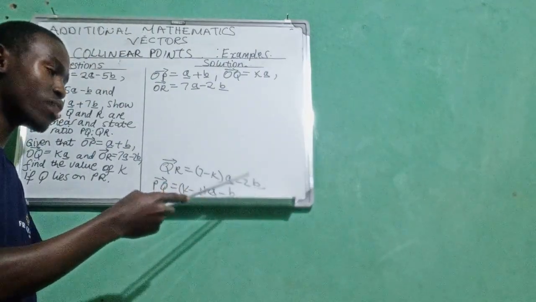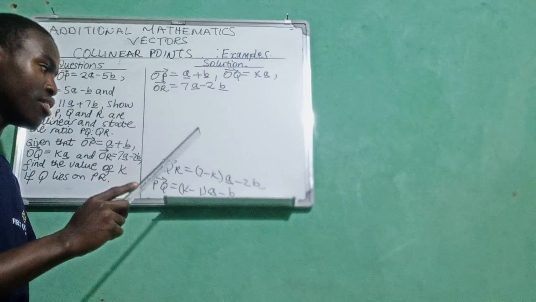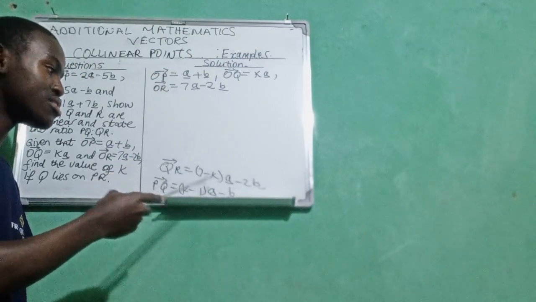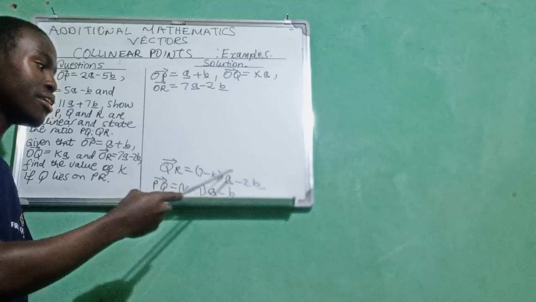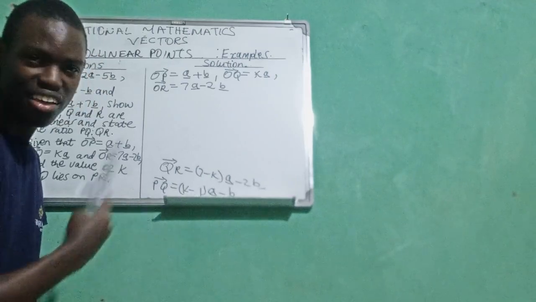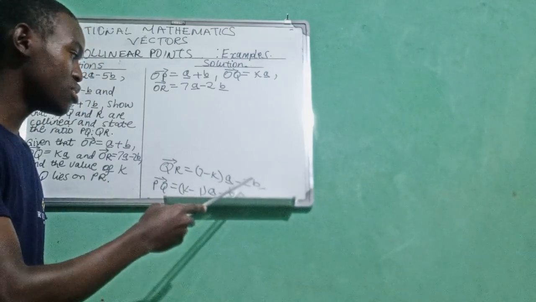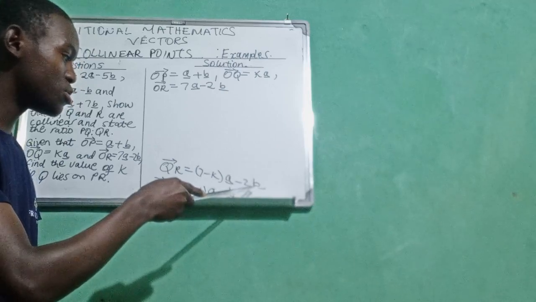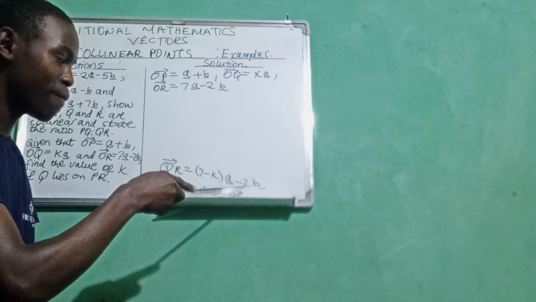This 2 is showing us that they were multiplying the whole of this by a certain number. Now we can't know that number since we don't know K here. You see what I mean? So this 2, we need to multiply it on this vector here.